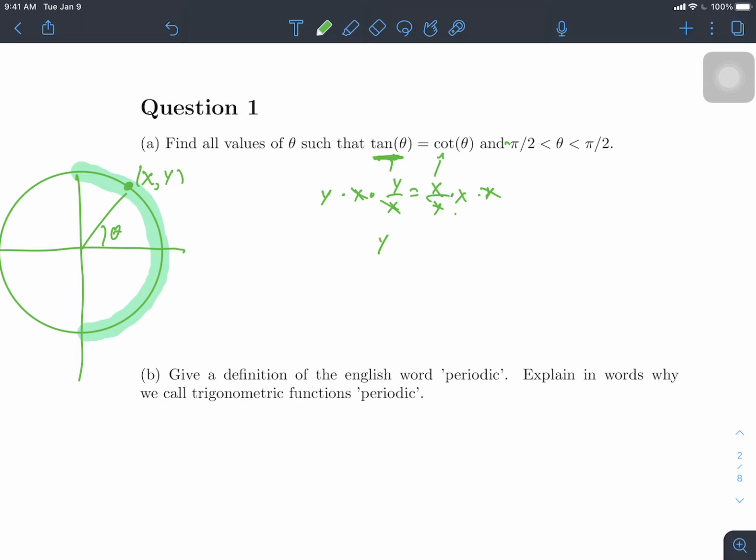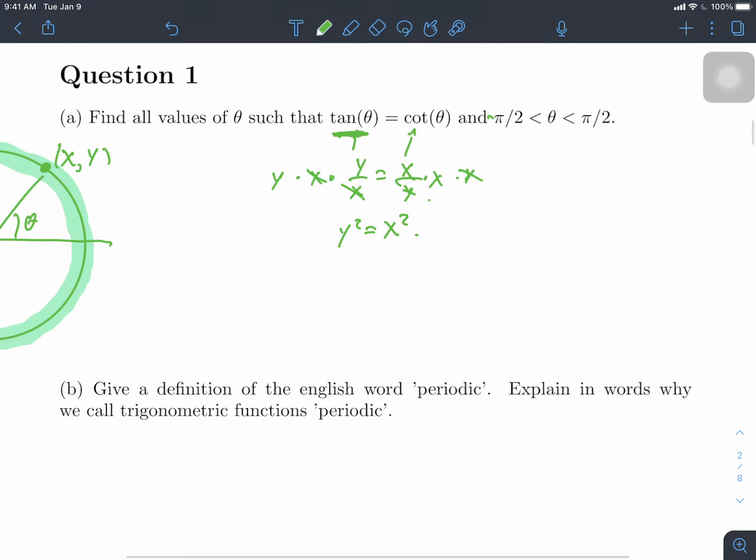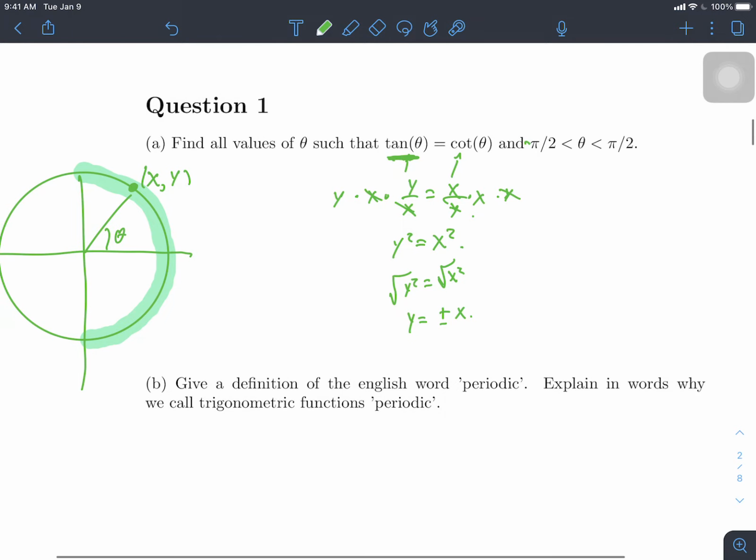And we'll wind up with the equation that y squared should be equal to x squared. And if we take square roots, we get that the square root of y squared should be equal to the square root of x squared. In other words, y should be equal to plus or minus x.